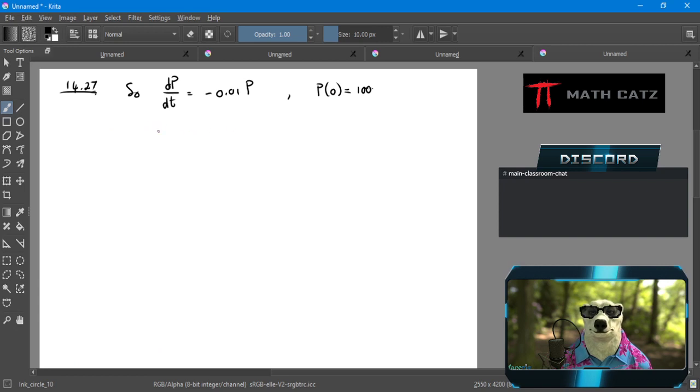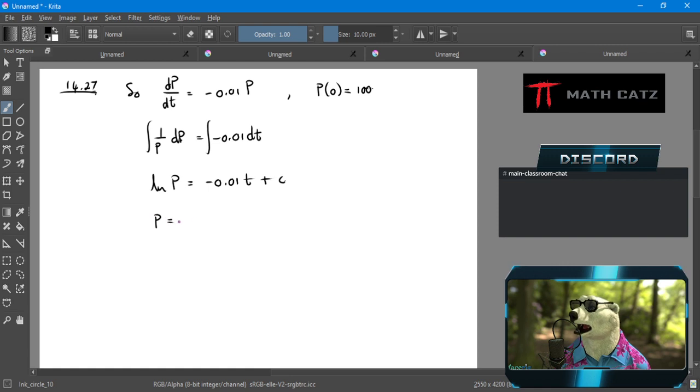So I'm going to go about my business and solve this the exact same way, separating the variables, keeping the constant on the right, and integrating both sides: natural log of P in this case equals negative 0.01 t plus a constant.